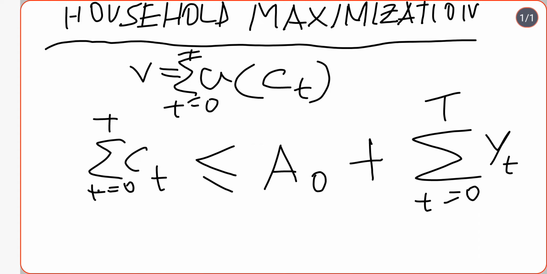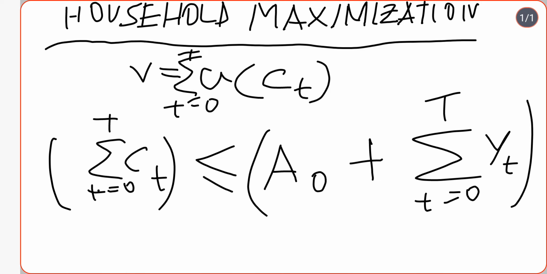That means this is our total consumption, and it can be either equal to our total income. A0 is our initial wealth, and this is our income from the entire life. So A0 plus this income of our entire life means our total income. So this total income is greater than our consumption, or it can be equal to our consumption.